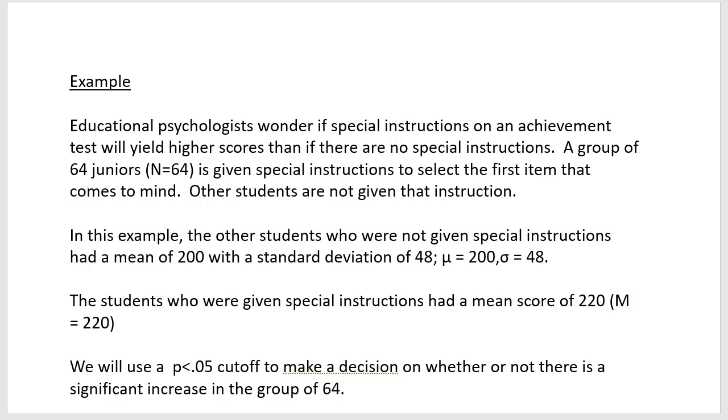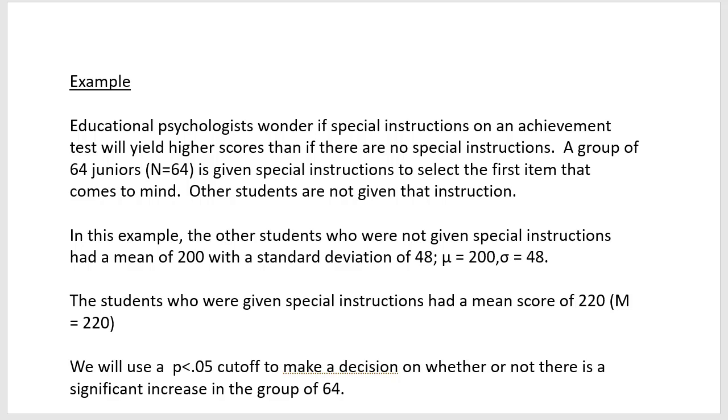A group of 64 juniors, so our n is equal to 64, that sounds like our sample, is given special instructions to select the first item that comes to mind. When they look at the question, they just select the first answer that comes to mind and move on. Other students are not given that instruction, probably assuming that they will think about it and use some kind of cognitive strategy to solve the question.